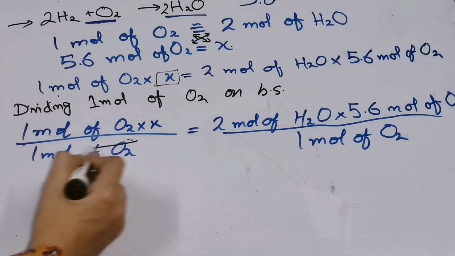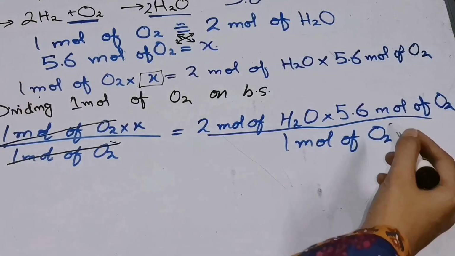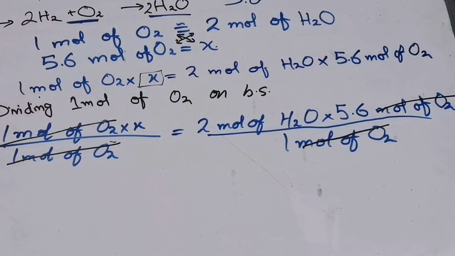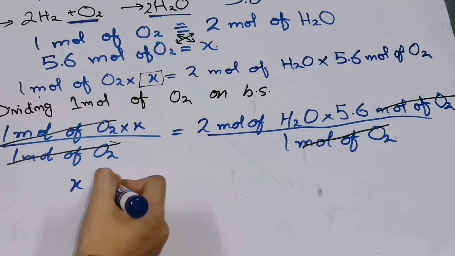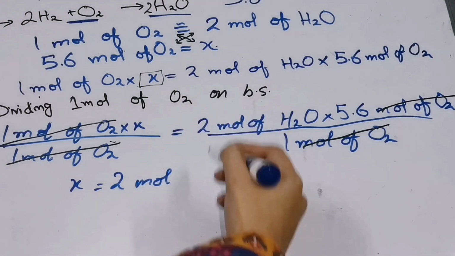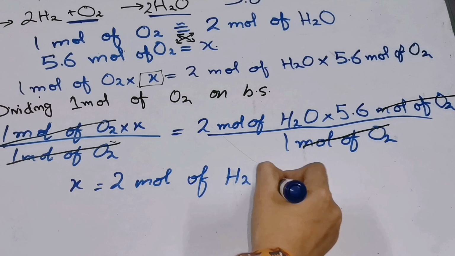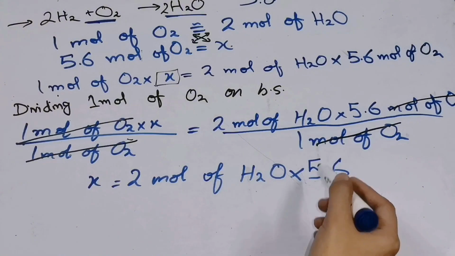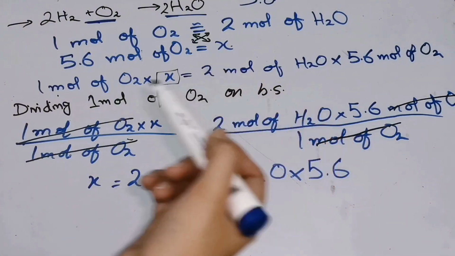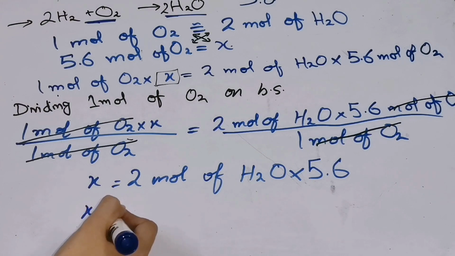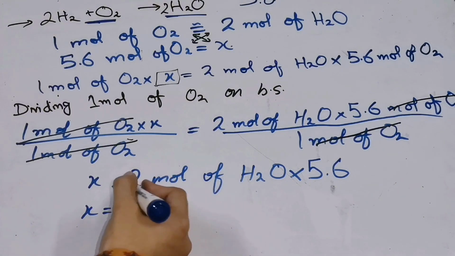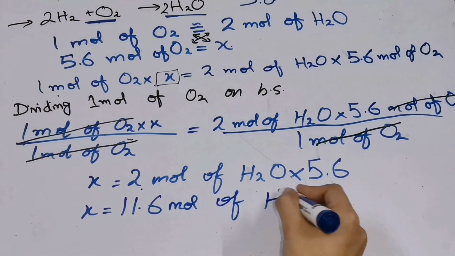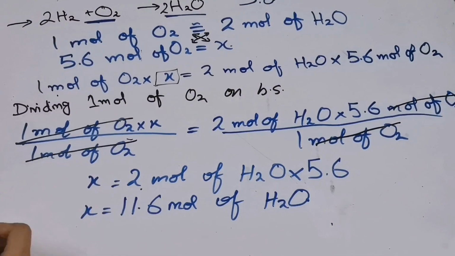Now what will happen? They both will cancel each other, and from here the mole of O2 will cancel the mole of O2. So what will be left? X is equal to 2 mole of H2O multiplied by 5.6. If you want, you can write divided by 1 again, but there is no need of writing divided by 1. So when we multiply this, we will get the answer 11.2 mole of H2O.